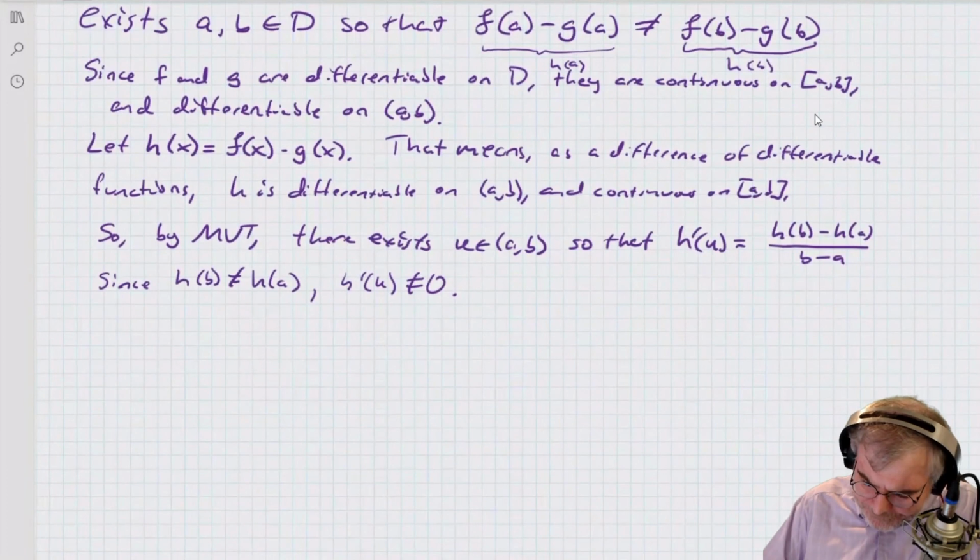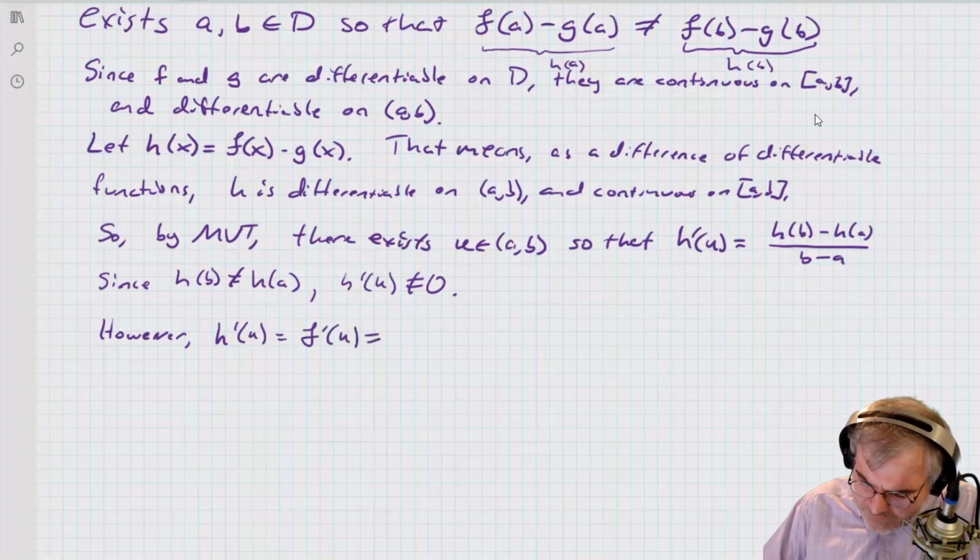Now, however, h prime of u equals f prime of u minus g prime of u, which equals 0, since f prime of u equals g prime of u.